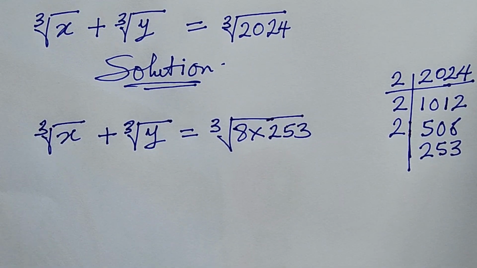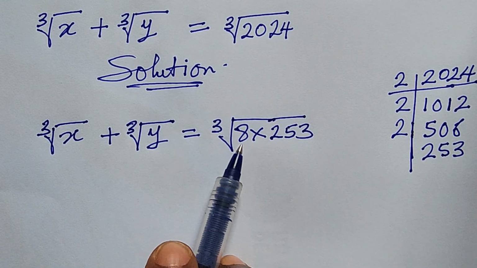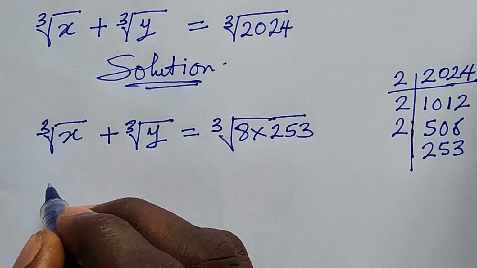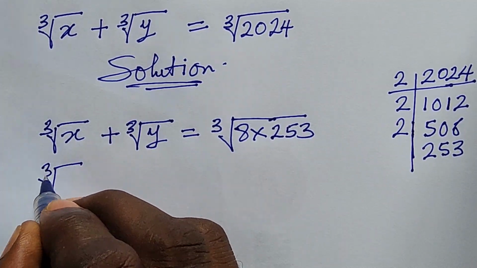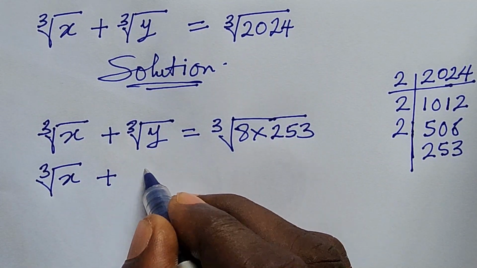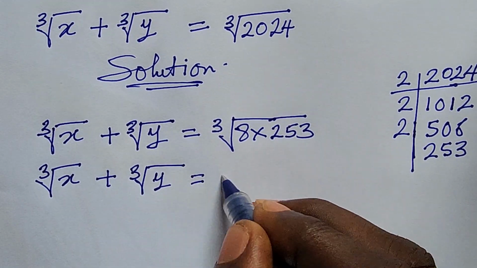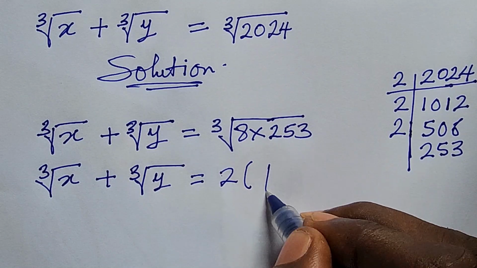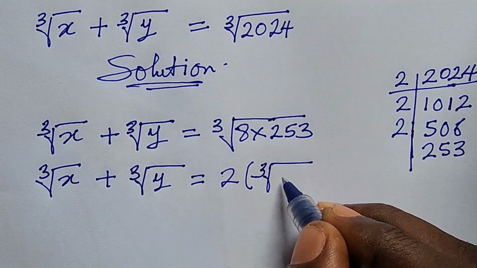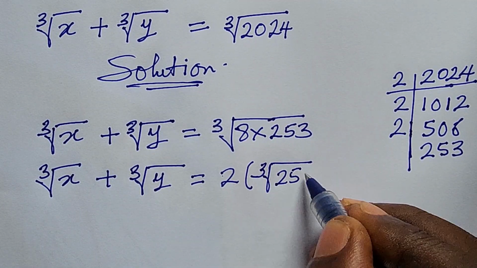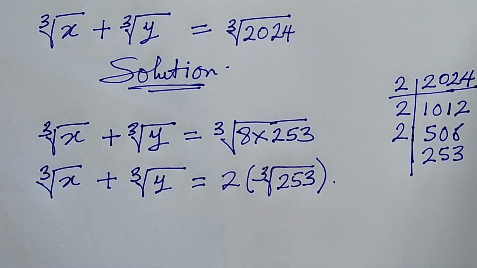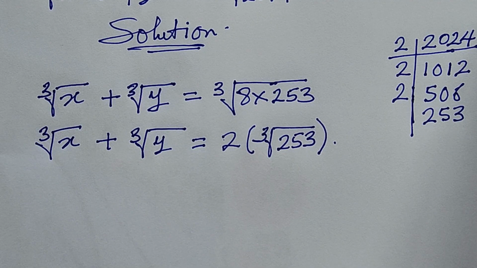From this, we know the cube root of 8 is 2. So we now have the cube root of x plus the cube root of y equal to 2 times the cube root of 253, close bracket. From here, we do some crazy substitution.